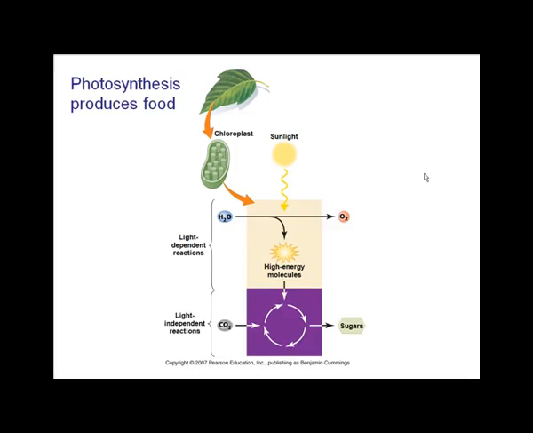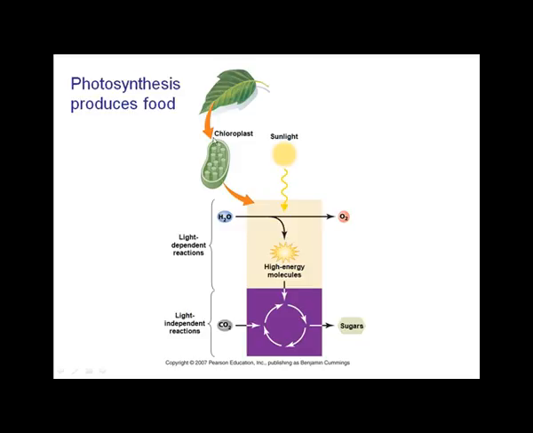When we think about photosynthesis and the production of food, we can again start with our leaf here, and we can think about the process. Let me slow down here. Inside the leaf are the cells, right? The leaf is made up of many cells.